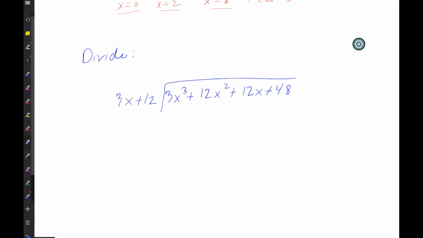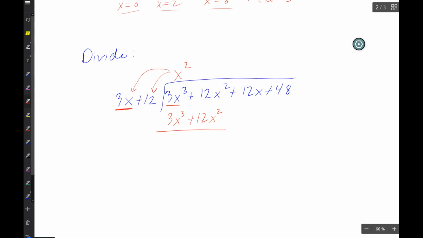Okay, how do you divide normally? x squared. But do you remember we've got to multiply it back through? You started in a good spot. You said what times 3x would give me 3x cubed? And you're right, it was x squared. But then we've got to distribute it back through. So x squared times 3x gives us 3x cubed, and x squared times 12 gives us 12x squared.